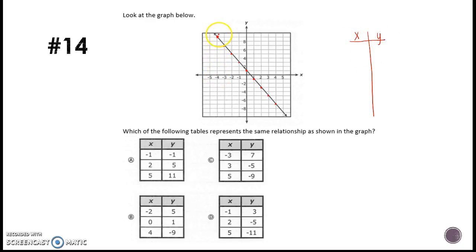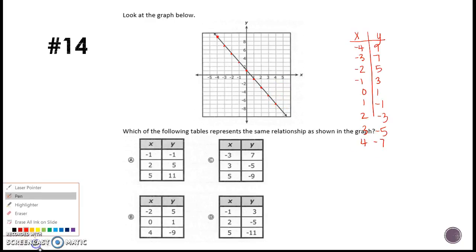So -4, 9, -3, 7, -2, 5, -1, 3, 0, 1, 1, -1, 2, -3, 3, -5, 4, -7.